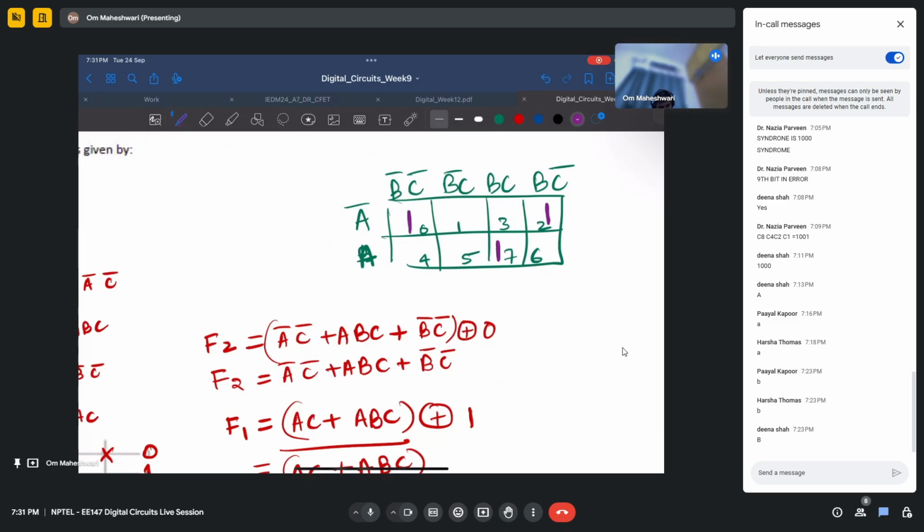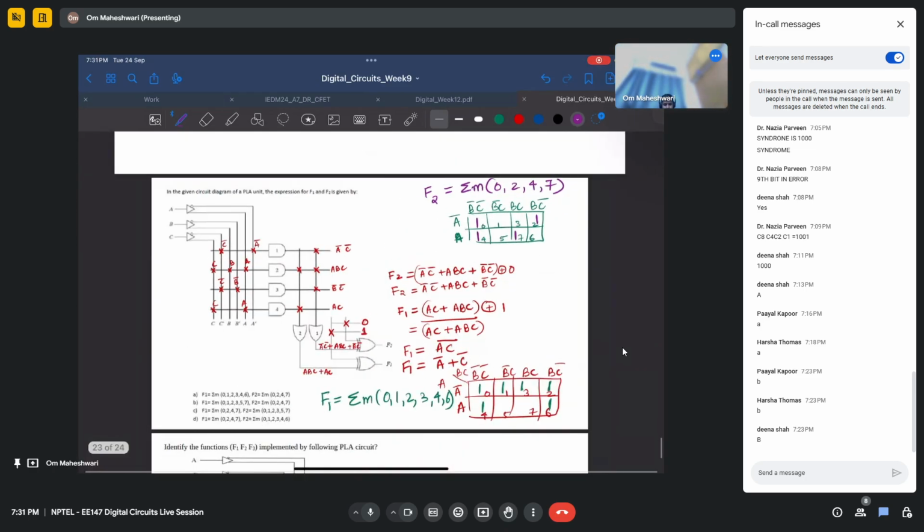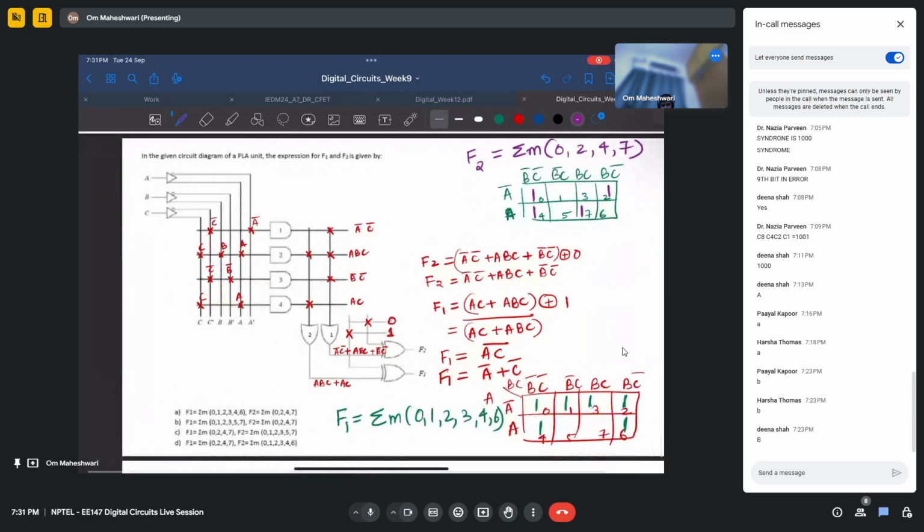This is ABC. We have B bar, C bar, B bar, C bar. So we have F2 equals sigma m 0, 2, 4, and 7. So this is option A.